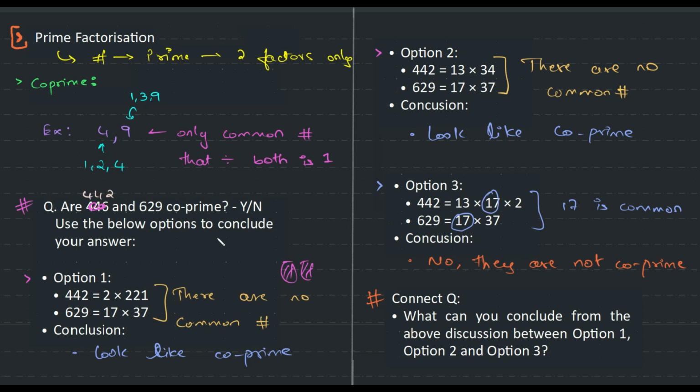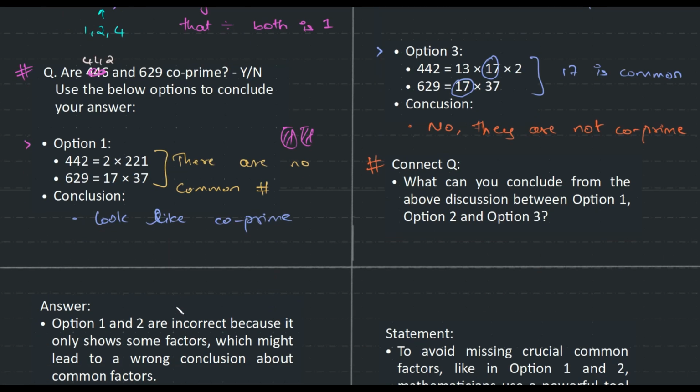So us concluding that they're co-prime is not a good idea. We can tell that two numbers are not co-prime, but we can't tell that they are co-prime just by looking at the numbers.